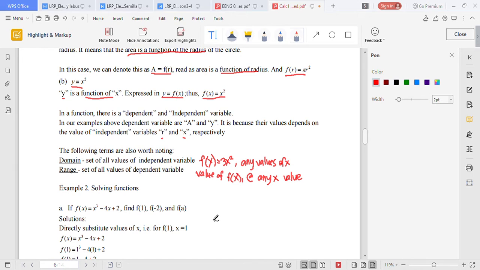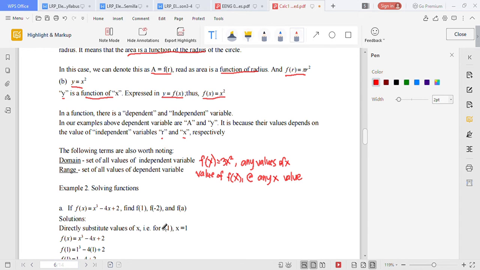So whatever the value of x, you have a corresponding value of y, or value of f of x. To make this clearer, we have examples.